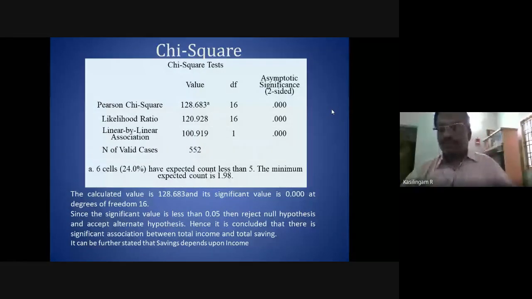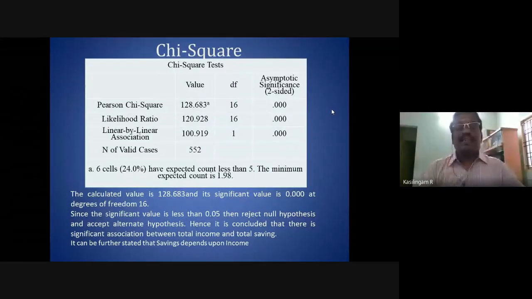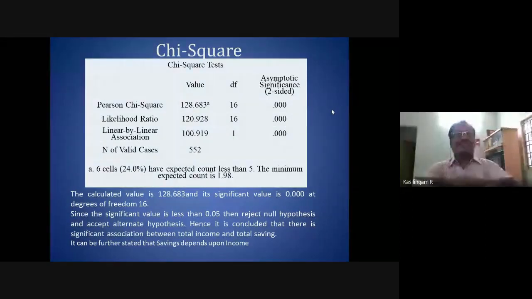Null hypothesis: no association. No association is rejected, which means there is an association. From this chi-square test, we say that there is an association between income and saving. That is what we are telling.